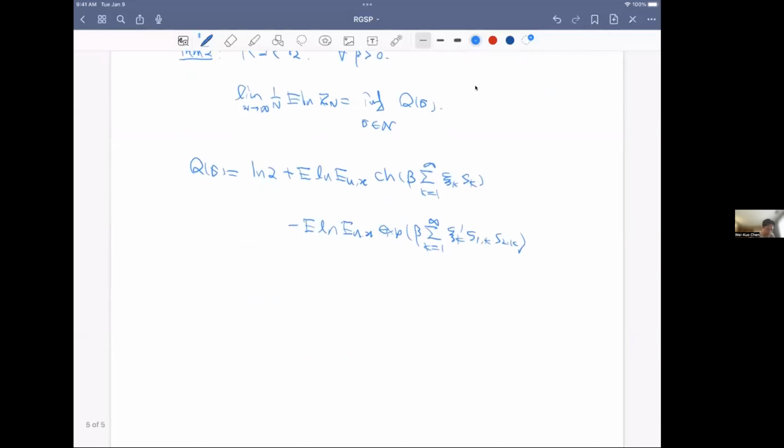Just for completeness, the C_k are the Poisson point process, PPP, with mean measure mu(dx) given by alpha dx over x to the 1 plus alpha, and the C_k prime is the same, but the mean measure is mu divided by 2.